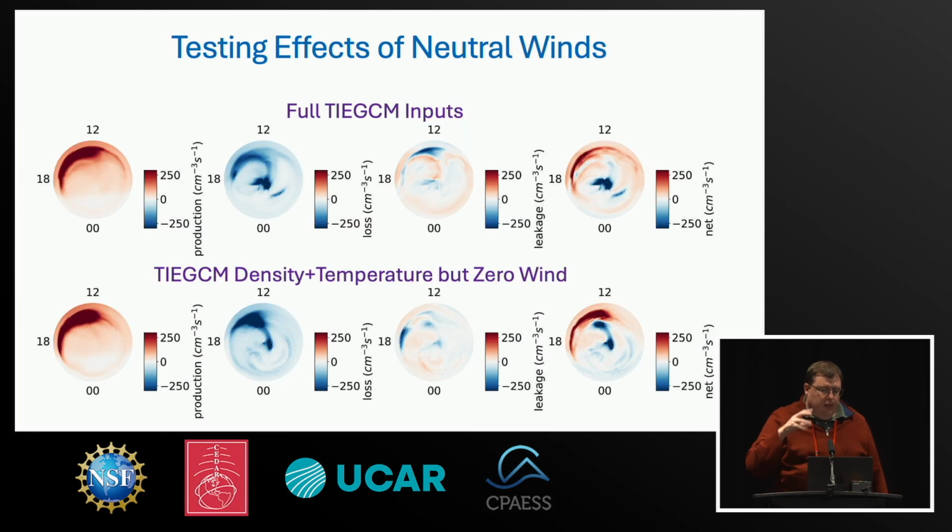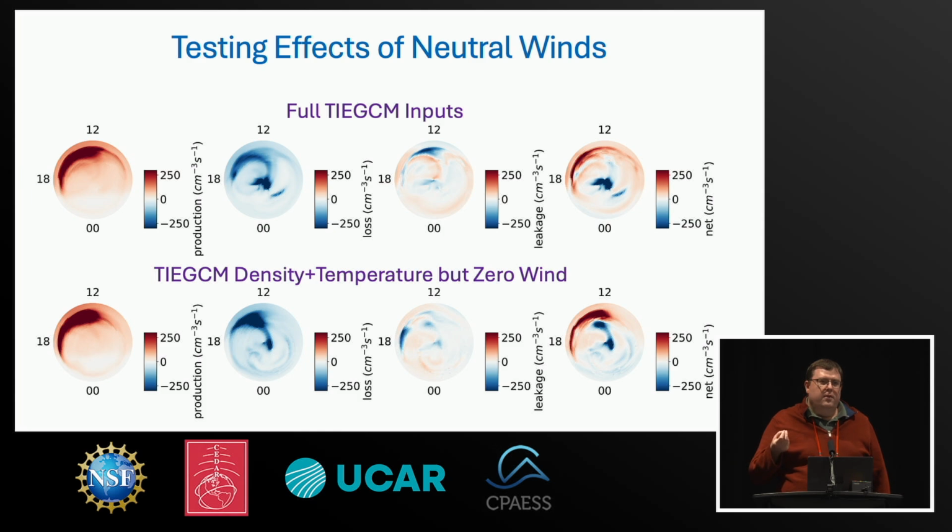And so now I can go into these simulations and I can say, okay, if I compare the full TIE-GCM to a simulation with a zero neutral wind, how do these terms change? And that third term, the so-called leakage term, the N du parallel ds term, is quite different in the simulation with zero neutral winds than it is in the simulation with the full neutral winds included.